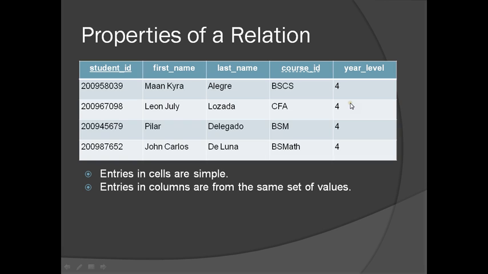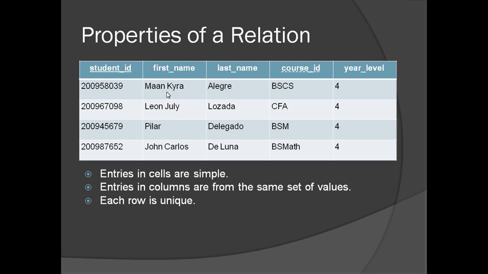I cannot put an 11, a 100, or even letters A, B, C, D, because that's beyond the boundaries. If I say first name field is of text type with a maximum length of 20, then I cannot put text with more than 20 characters.